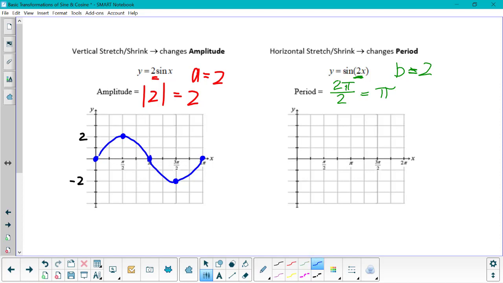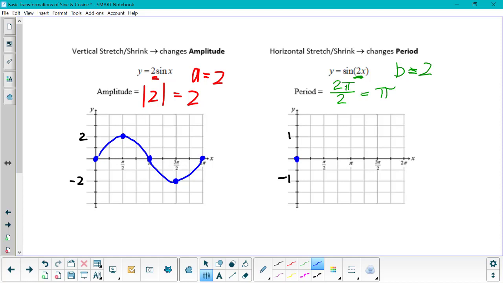So it makes one complete cycle between 0 and pi. Everything else is the same: the amplitude, the midline, and there is no phase shift, so it begins at x equals 0. So that means between 0 and pi, if I divide that into 4 equal parts, each part is pi over 4.